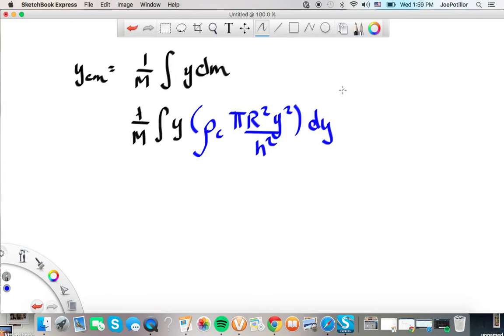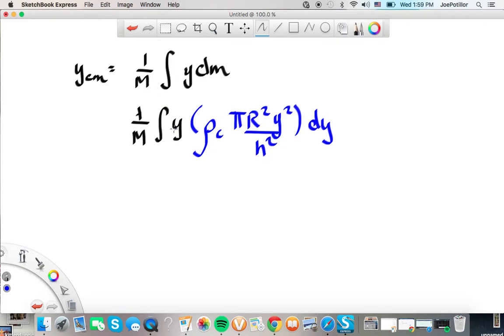And since we're only integrating with respect to the y variable, anything that is not y comes out of this equation. So everything that's not y, density is a constant, pi is constant, r is constant, h is constant. We'll take it all out.